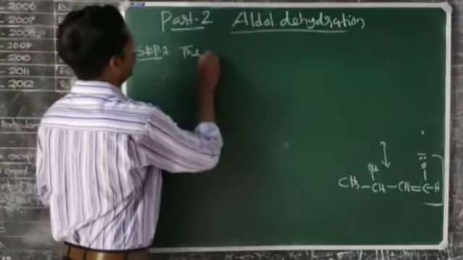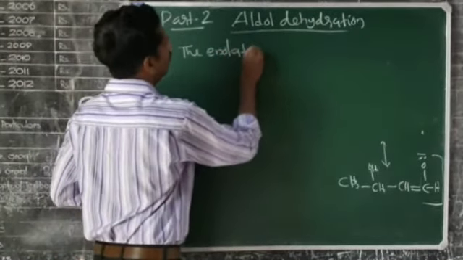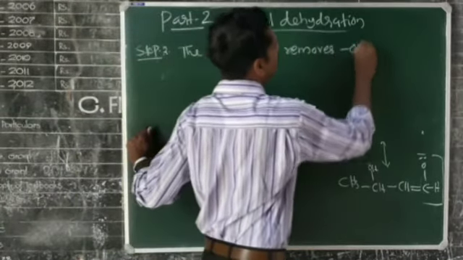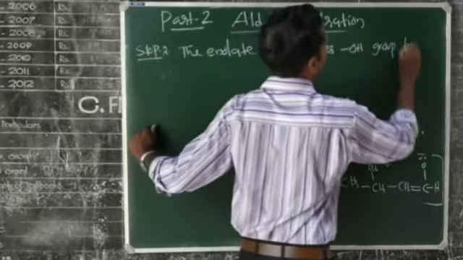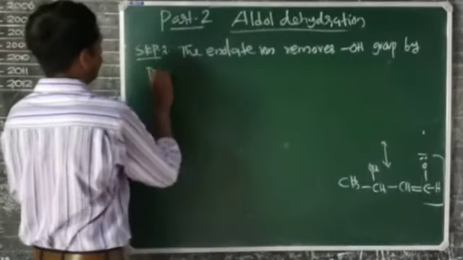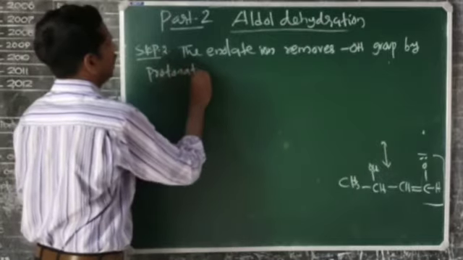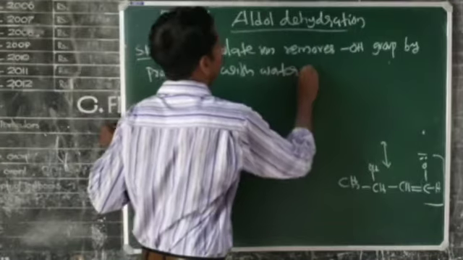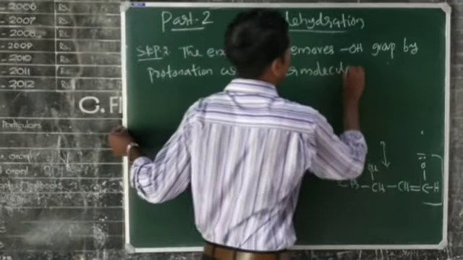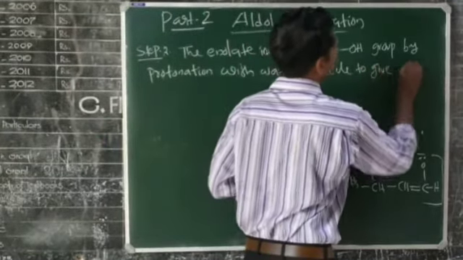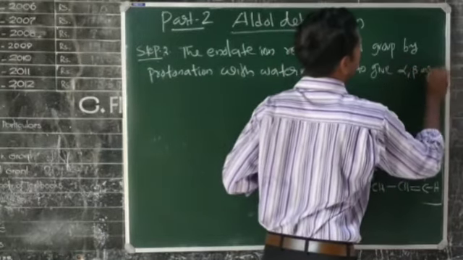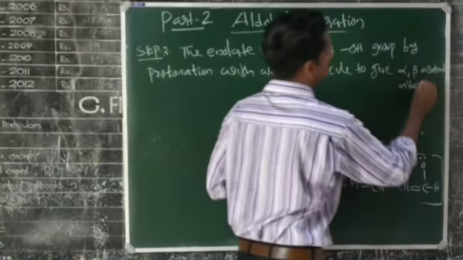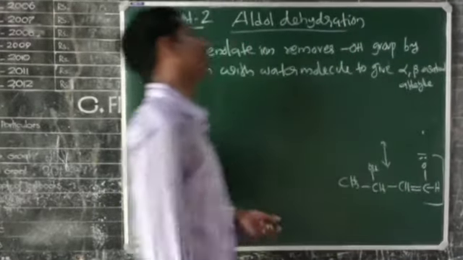The enolate ion removes OH group by protonation with water molecule to give alpha, beta, unsaturated aldehyde, or if you take ketone, you will get ketone.